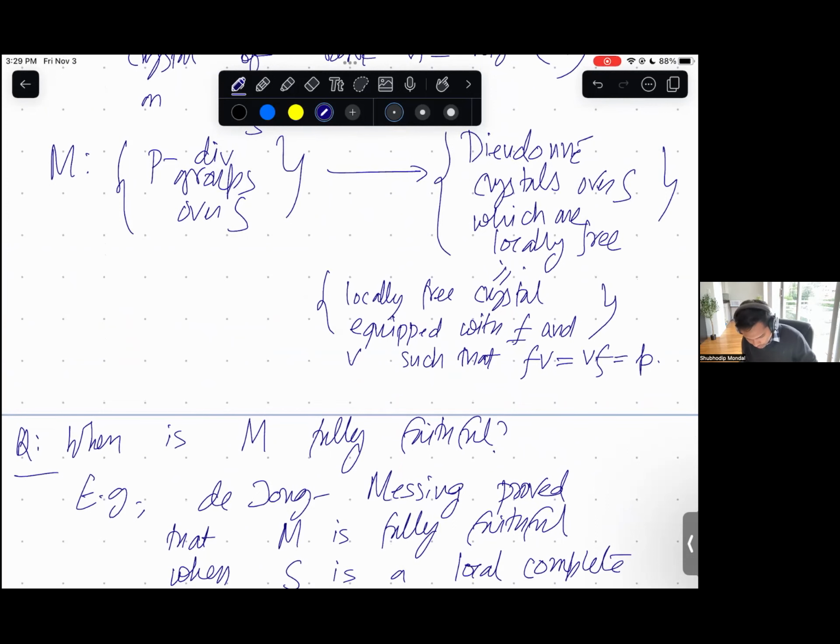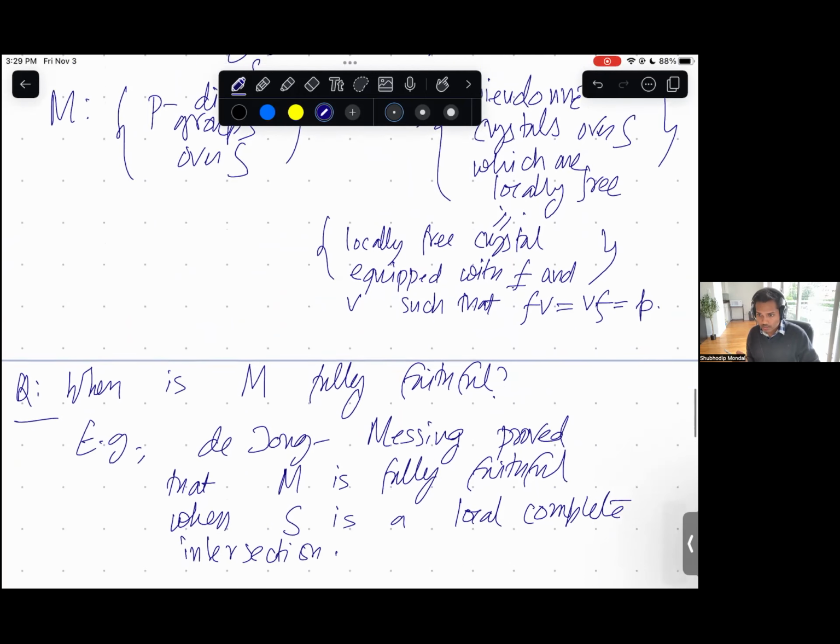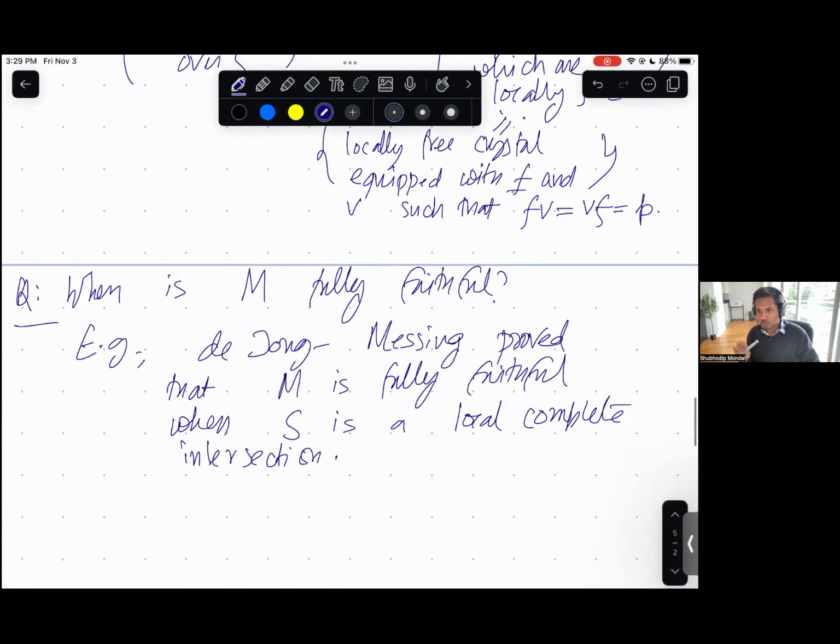Some analogous question one can ask is maybe also, when is M fully faithful up to isogeny? And in that case, this kind of results will be true slightly more generally.